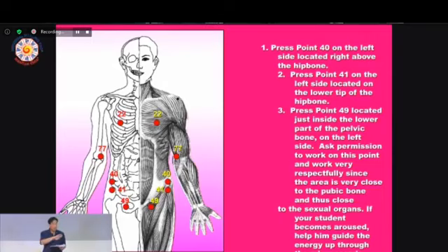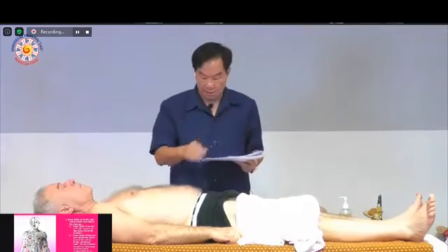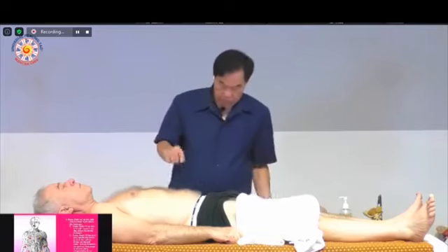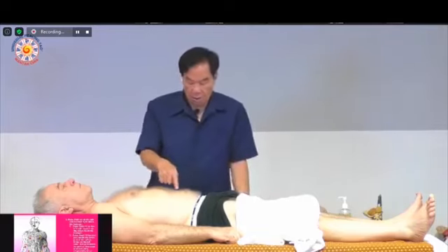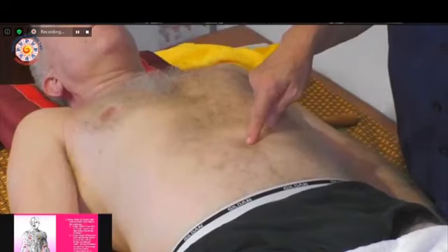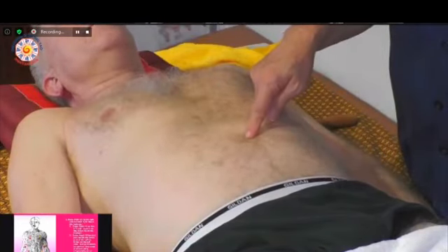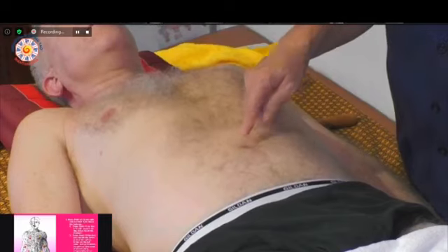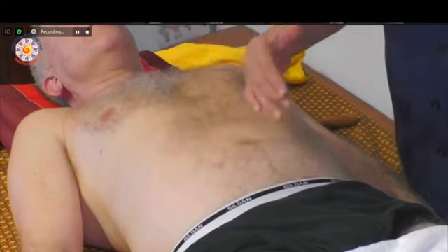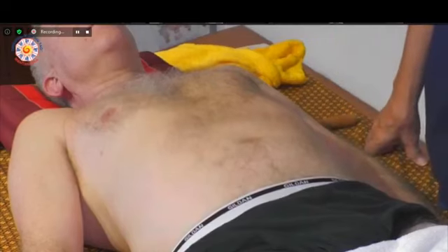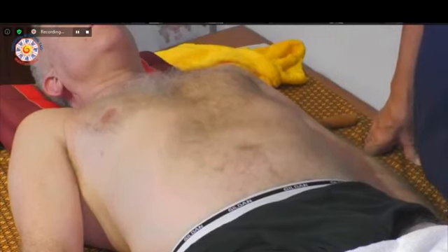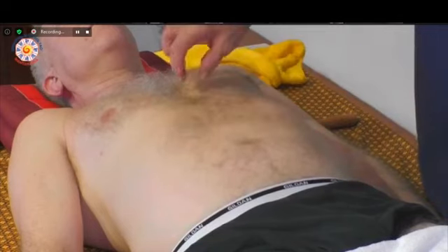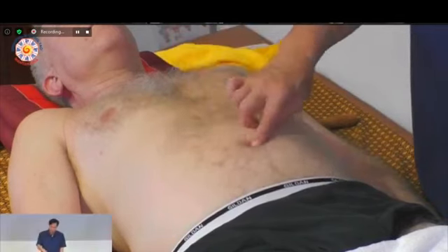On the left side you have the aorta, and the 33 and 35 on the right side you have the vena cava. And then in between, the aorta and vena cava come down and they split to the inguinal.